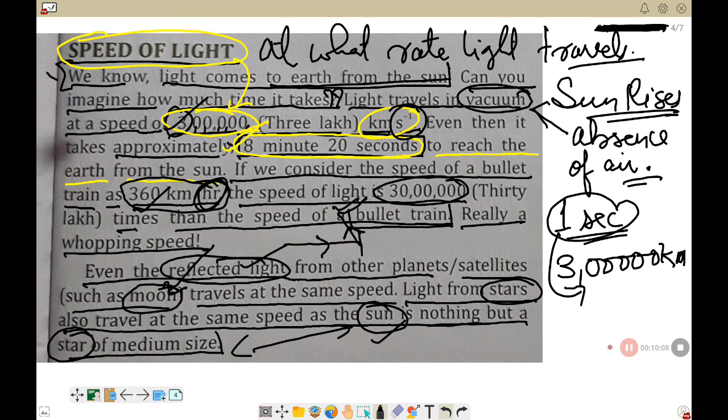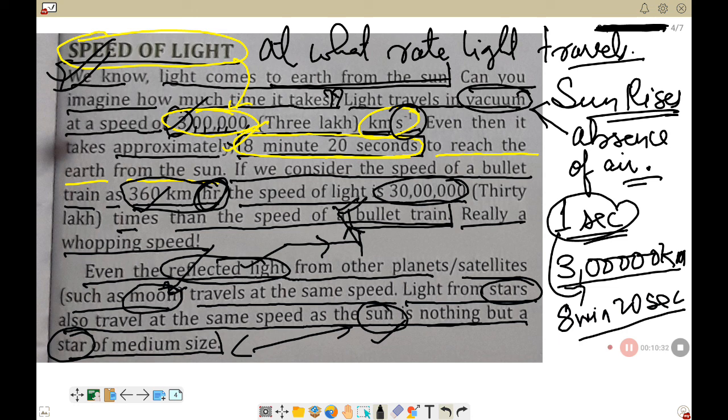So we covered the second topic, that is speed of light. And what is the speed of light? It is 3 lakh kilometer per second. And what is the time taken to reach the earth from the sun? The light takes 8 minutes 20 seconds to reach from the sun to the earth.